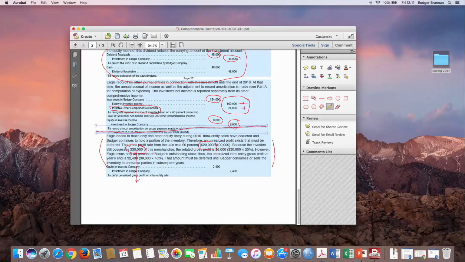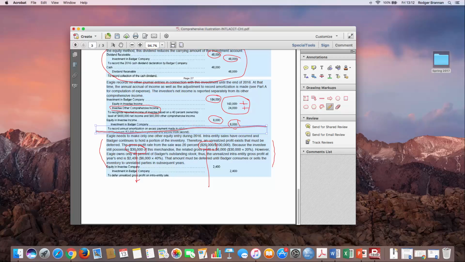So the process here is to bring back or to adjust Eagle's income, if you will, by the amount of gross profit that is still in the inventory of Badger. And that's what we're going to look at here in just a second. Okay, now the gross profit here is 20%. Why? Because sitting in Badger's books, the amount is $100,000.